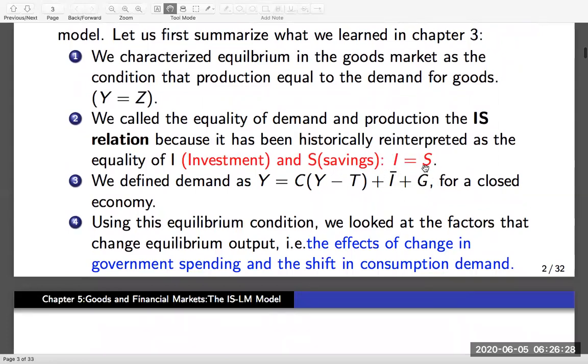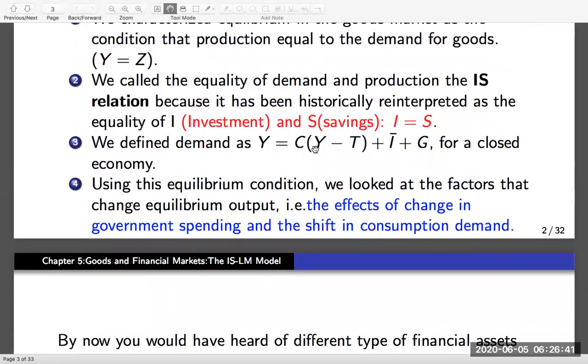This relationship is very important going forward because in third year, you will be able to use this to show how changes in savings in the long run affect the growth rate of the country's economy. So we define demand as Y equal to C plus I plus G. Of course, Y minus T is your disposable income. We are saying here that our investment is exogenous, i.e. determined outside the model.